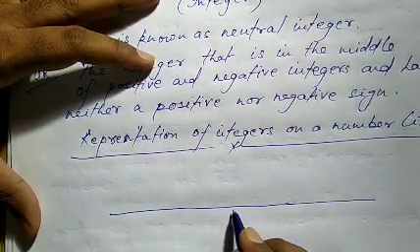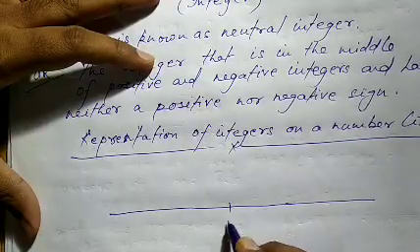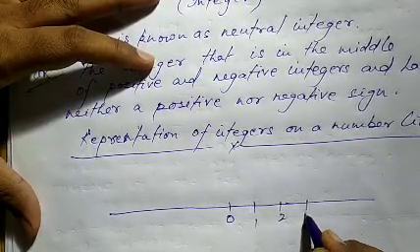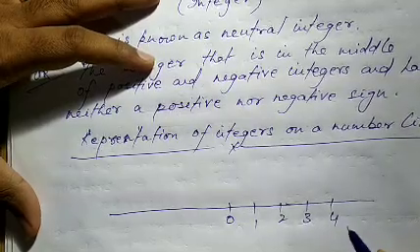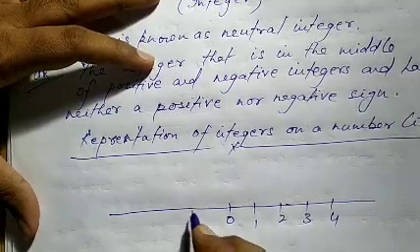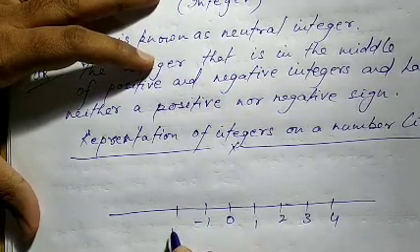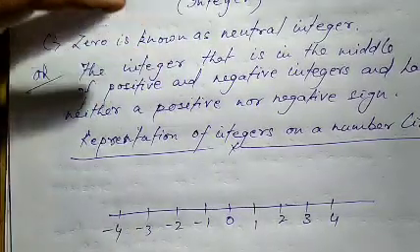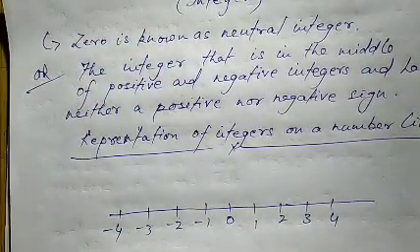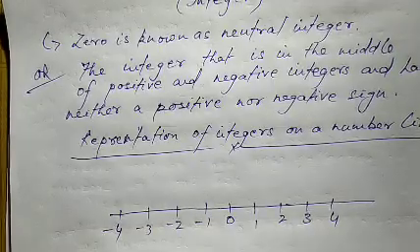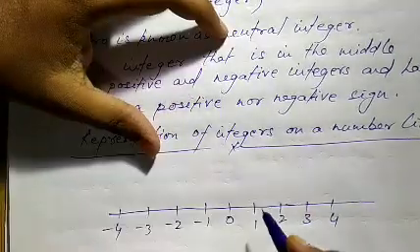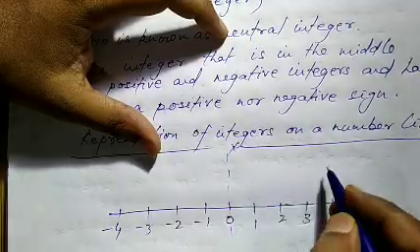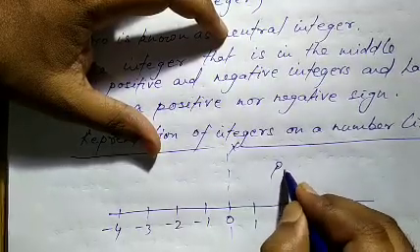Draw a line and mark some points like 1, 2, 3, 4 at equal distances on it, and -1, -2, -3, -4. So we know that these all are called what?